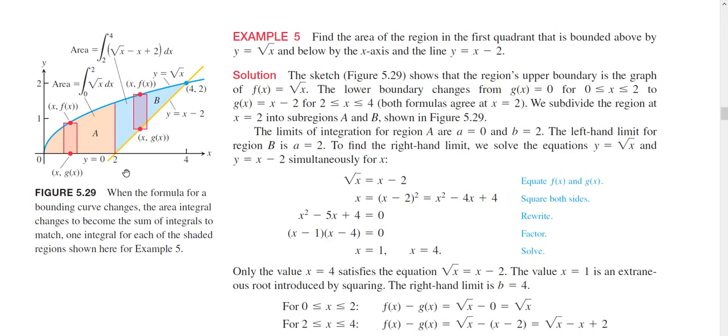So let's try and find out. We'll find the area of this portion, and then the area of this portion, and then in order to find the total area, we'll add them up.